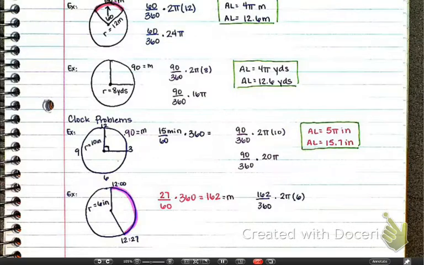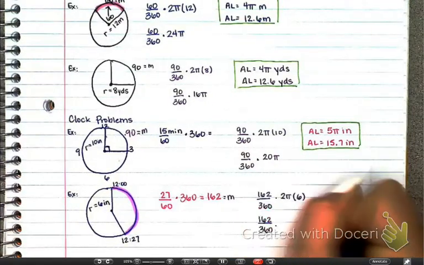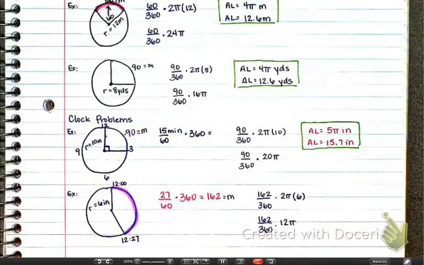You should have 162 over 360 times 2 times pi times 6. Or 162 over 360 times 12 pi.